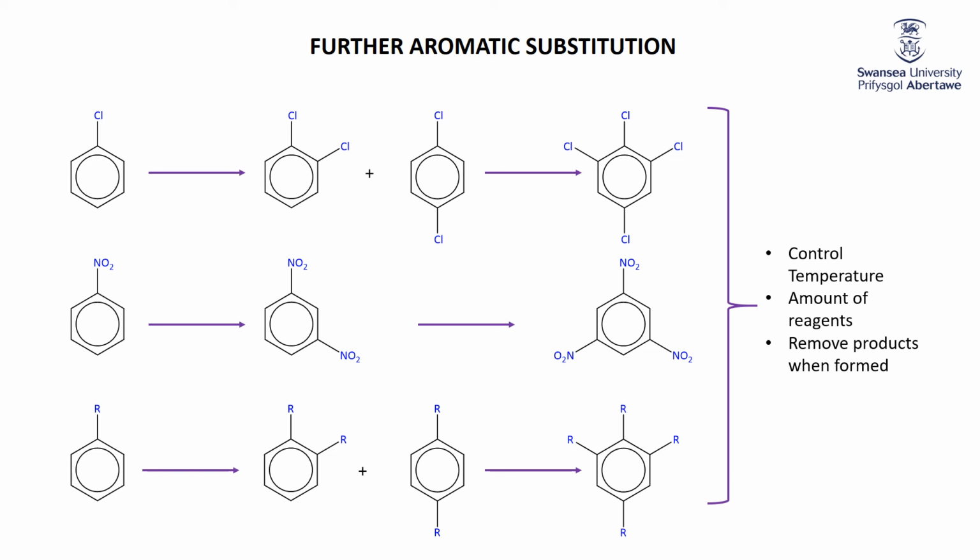And so we will talk about this from two perspectives. We'll talk about whether having an extra group on the benzene activates or deactivates the benzene ring. In other words, makes it more or less reactive. And then we'll also talk about which positions are most likely to be reacted in.